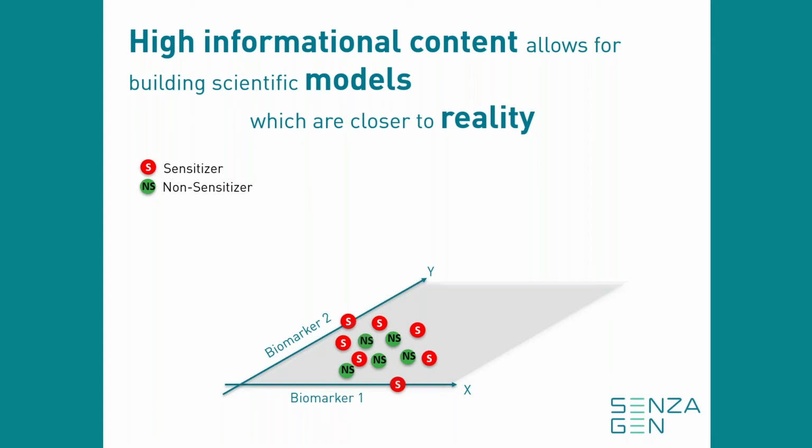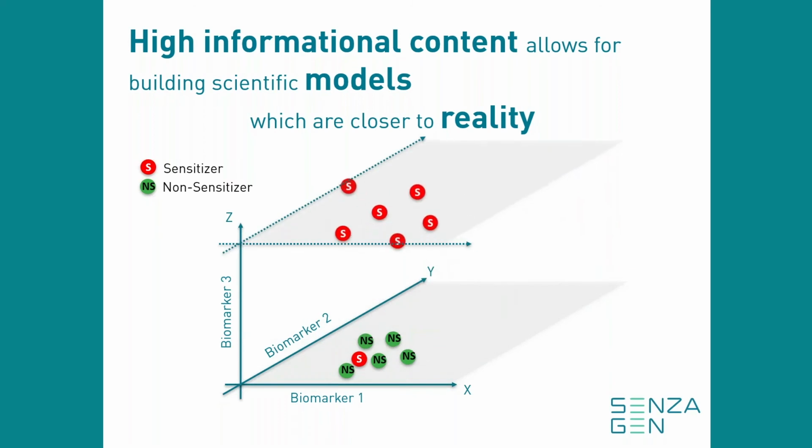But if you start to add other relevant biomarkers, you can build a model that better captures all the underlying complexity, and then you can start to see a separation between the sensitizers and the non-sensitizers. And this transfer from single data points towards a biomarker signature with a higher informational content actually forms the basis of the GARD assay.